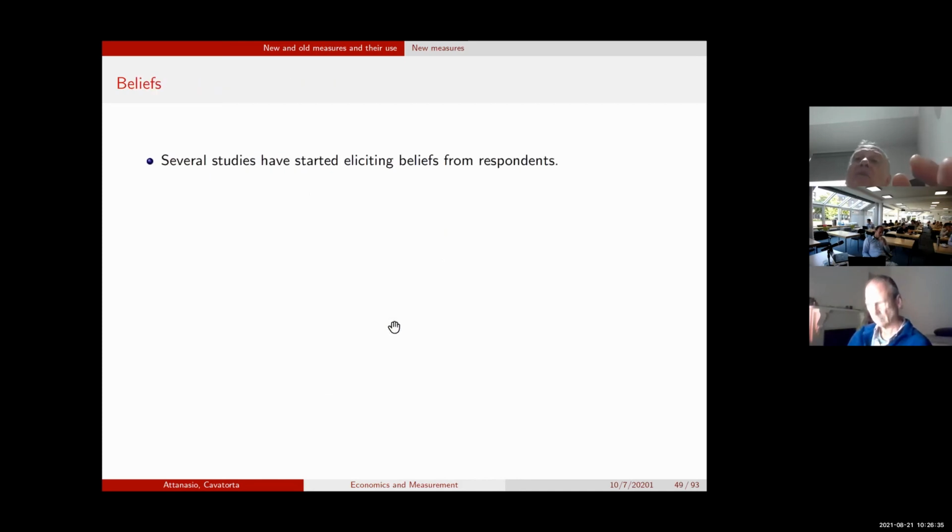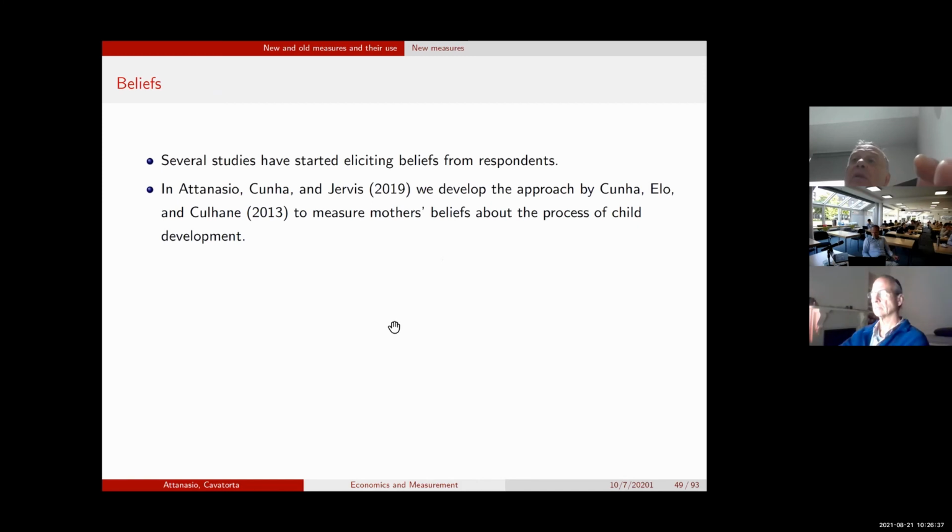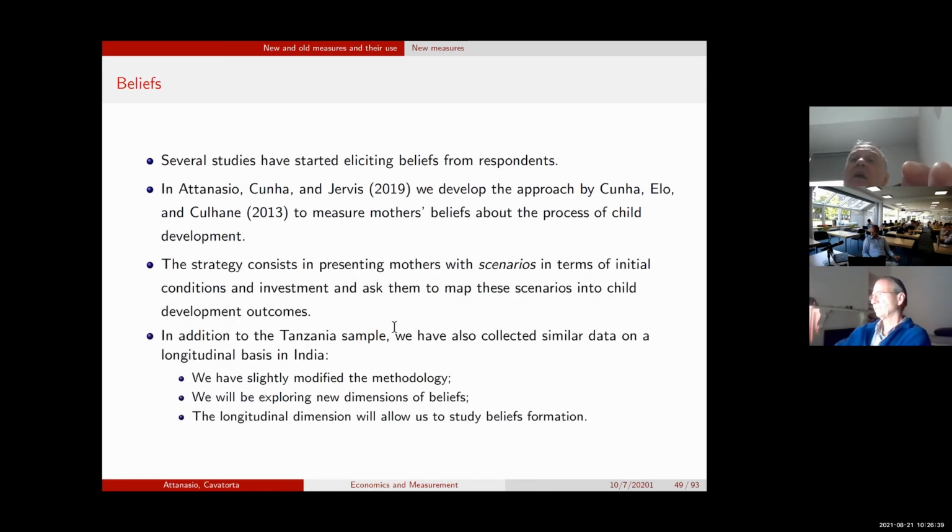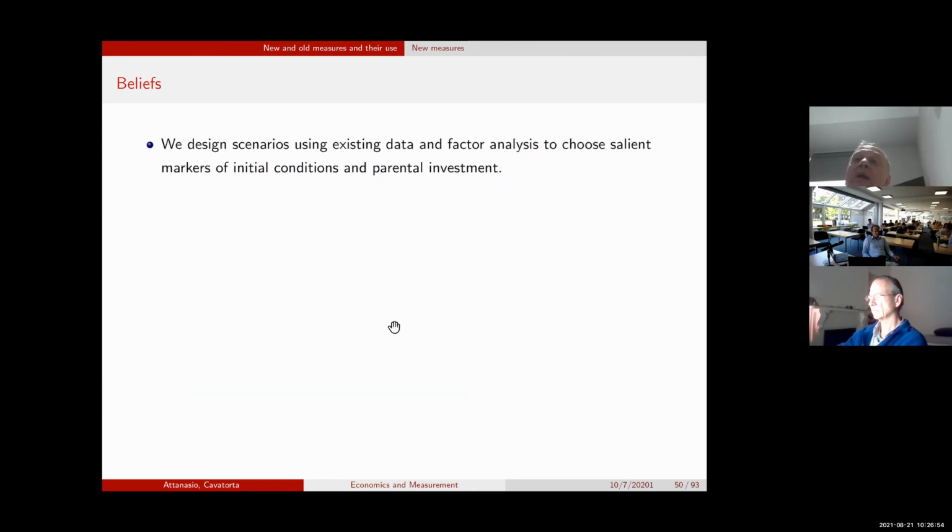Then we did the work on beliefs, very similar to the one that I presented yesterday. As I said yesterday, we are also collecting similar data in India on a longitudinal basis, which is quite interesting to look at.